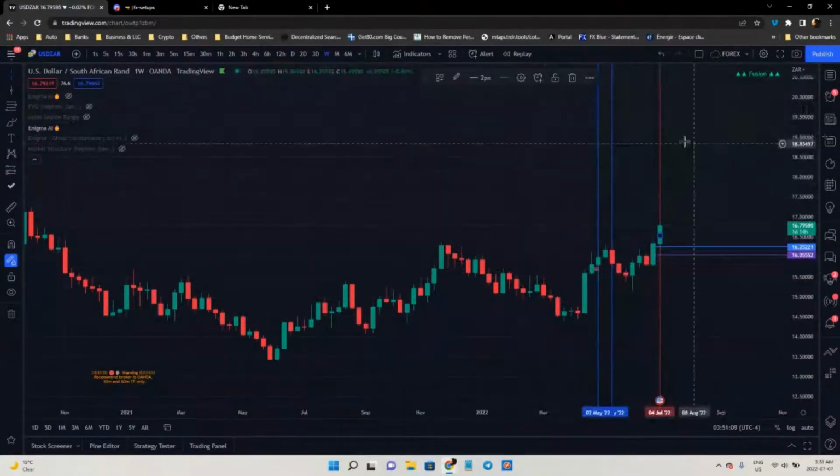Even though you're not on the H1, because usually with Fusion you're going to see it on the H1 with Enigma AI, if you're on the higher time frame or lower time frame, it's still going to show you the direction of the market. Okay, so Fusion is still showing a buy, so I'm expecting to go in the same direction.